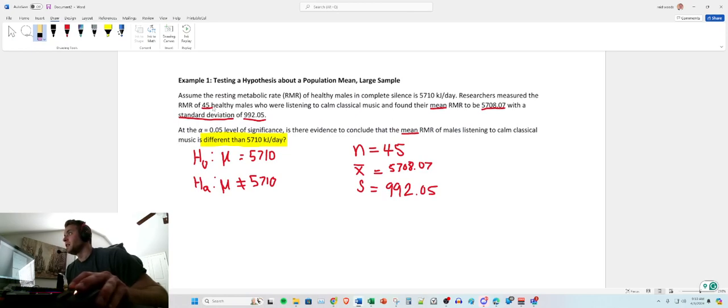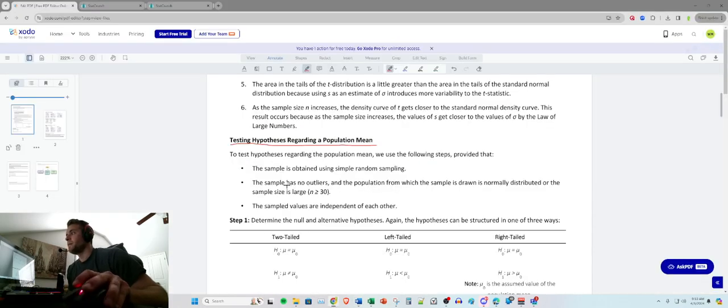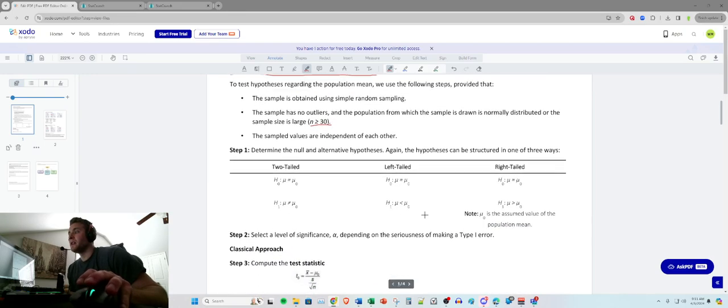It doesn't say it's random, but we'll assume that the researchers know what they're doing and used a random sample of 45 individuals. The sample has no outliers, and the population from which the sample is drawn is normally distributed or the sample size is large. So this is true. We know that our sample is 45, so we're good. And the sample values are independent.